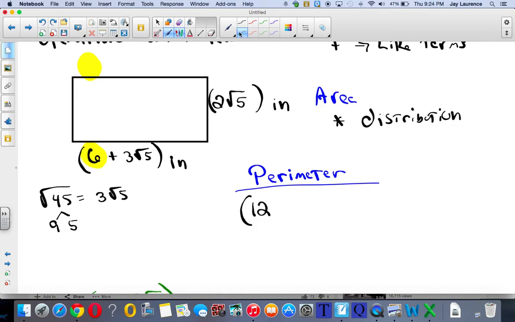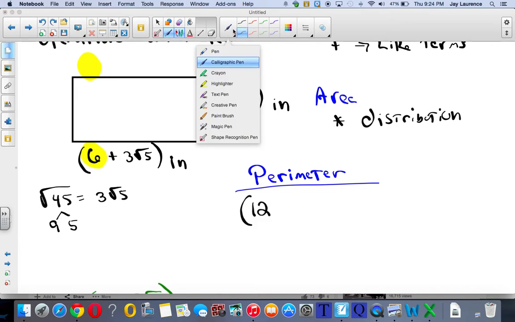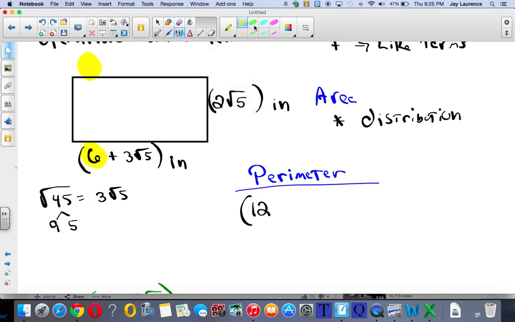Now I'm going to do my irrational numbers. Let's see. I've got 3 rad 5 right here. But over here I have 2 rad 5. So what do I have if I put them together? I've got 5 rad 5s, don't I? But there's another 3 rad 5 over here and another 2 rad 5 over here.